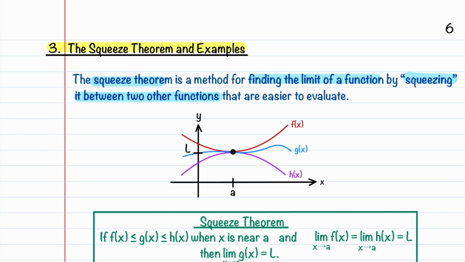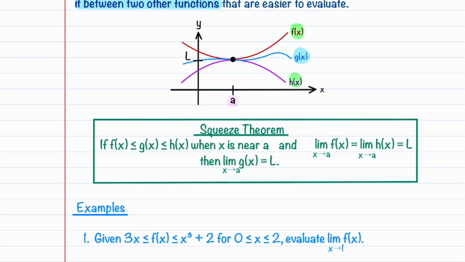Suppose we want to evaluate the limit of g of x as x approaches a from both the left and the right. Since g of x lies between f of x and h of x, we can use the squeeze theorem to evaluate its limit.